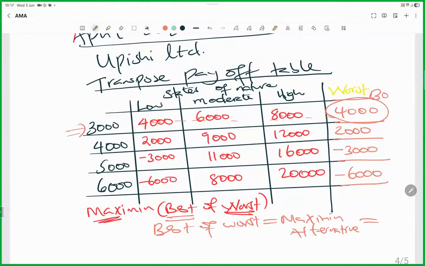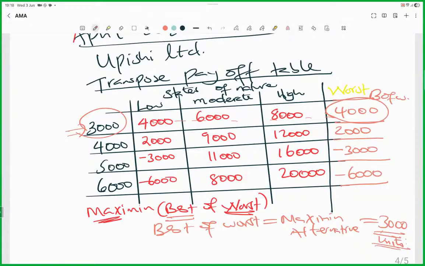This is the best of worst, isn't it? So then the alternative is that these guys need to supply how many? They need to supply 3,000. What are they? Are they sandwiches? Units. Thank you so much.